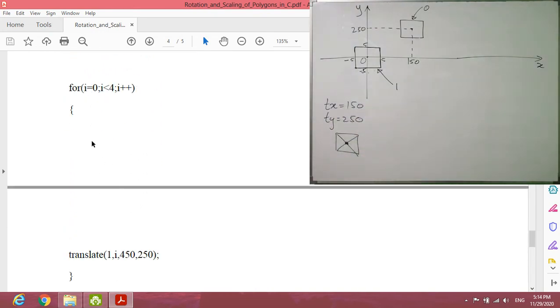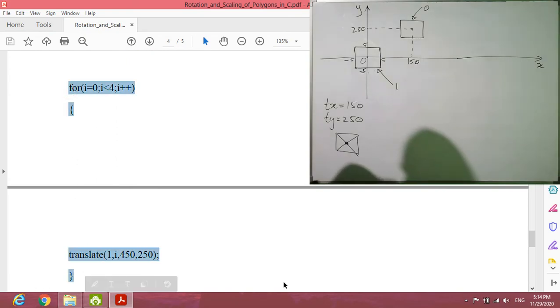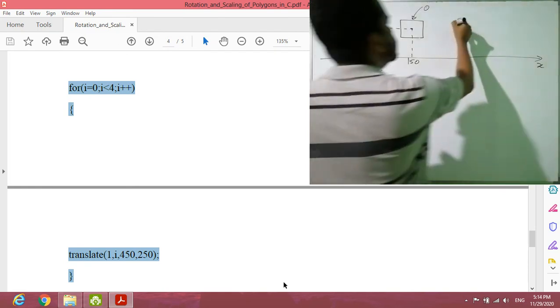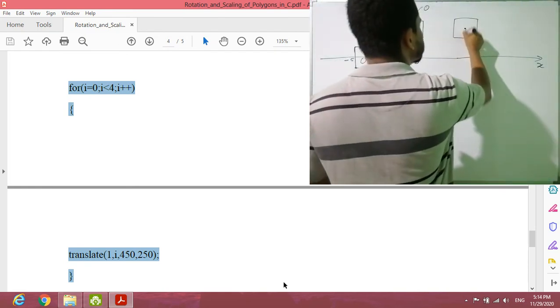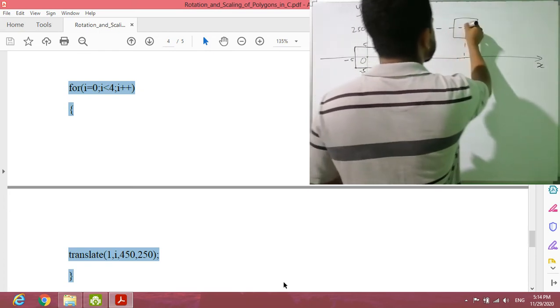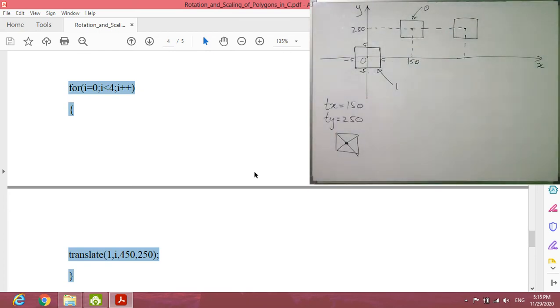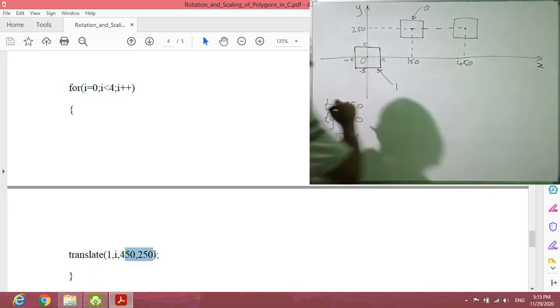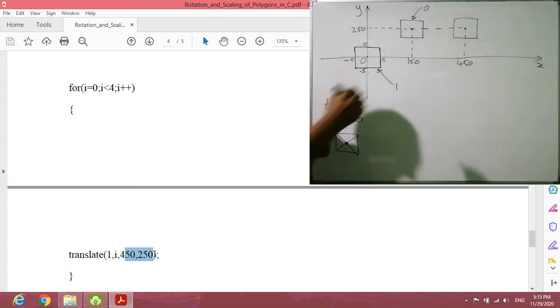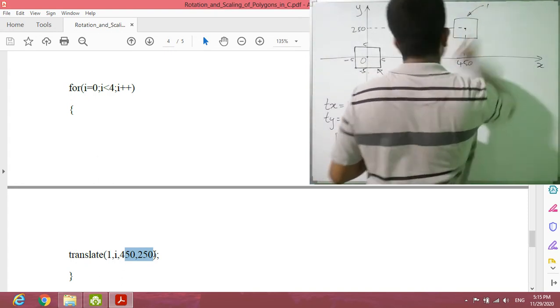In the same way you apply another for loop and this one you move to somewhere here. So here I have used 450 here, then 250 here. Now this is our 1, okay.